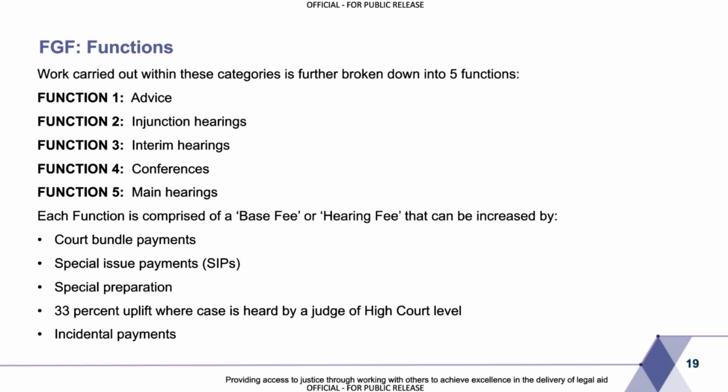Function 5 relates to main hearings, so that's going to be your fact-finding and final hearings. And there are 2 different functions available. The first one is known as an F5 primary, and this is claimable for the first day of the main hearing, and only one is claimable throughout the entire case.